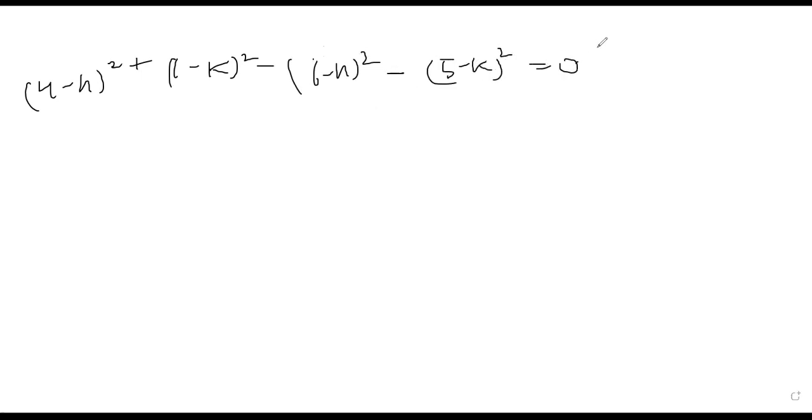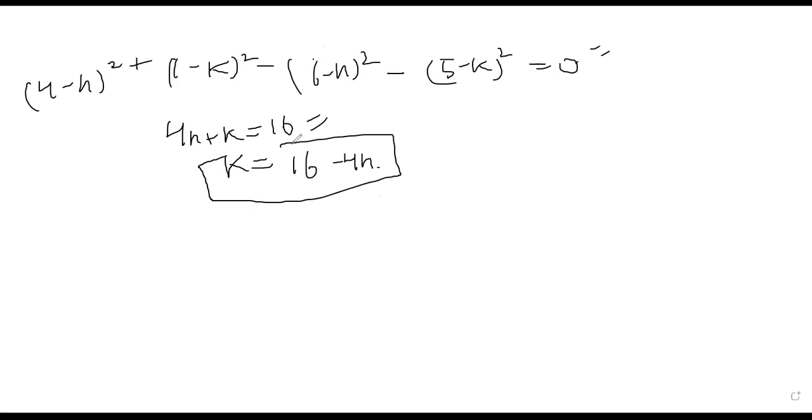This is the equation we got at the final point. Now 4h plus k equals 16, we also got this. So can we find the value of k from this equation? k equals 16 minus 4h. We just take the 4h on the right side.